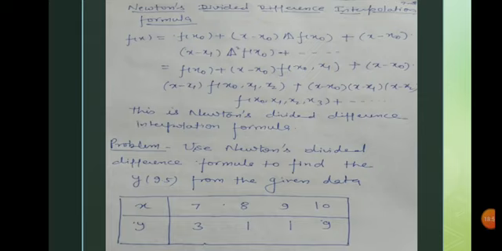now look at the example. Now here, by using this Newton's formula, we have to find the intermediate value, means y(9.5), from the given data. So here the given is x: 7, 8, 9, 10, the value of y: 3, 1, 1, 9.